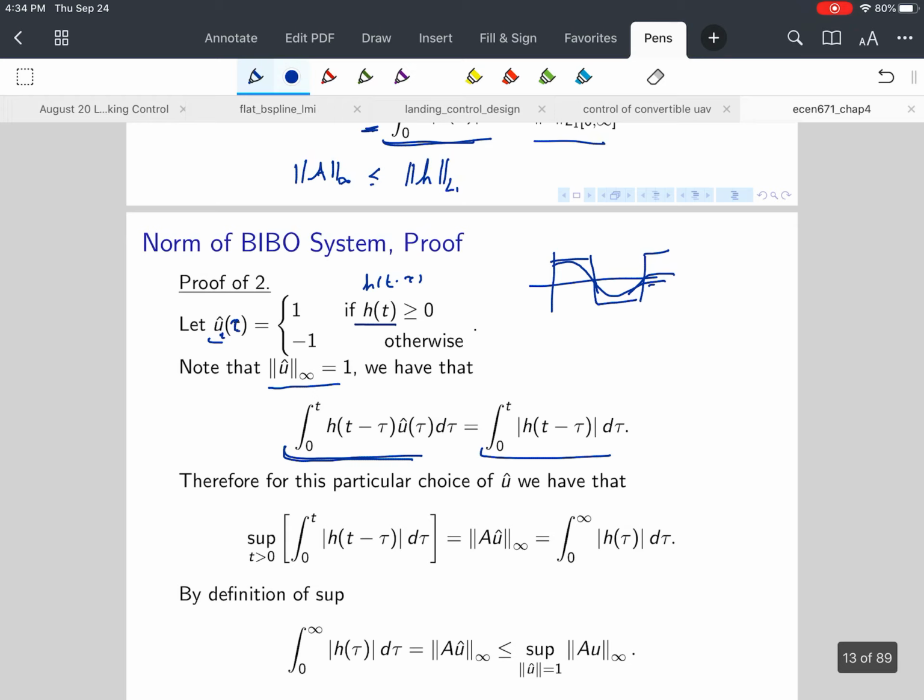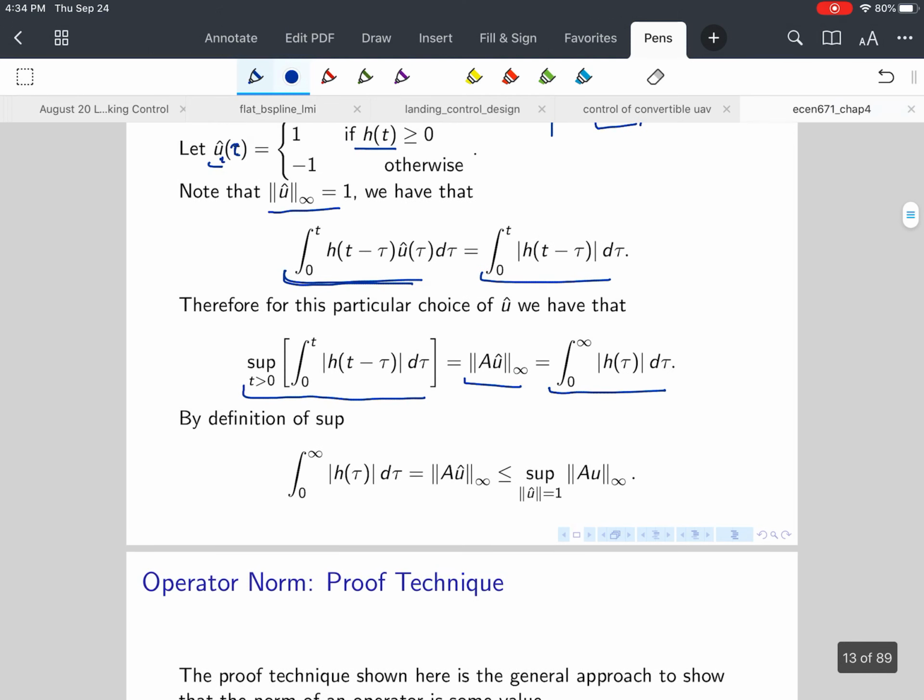And so for this particular choice of u hat, the supremum of the output for all t greater than or equal to 0 is by definition exactly the infinity norm of the output for u hat, and that's of course going to be equal to the integral from 0 to infinity of the absolute value of h of t.